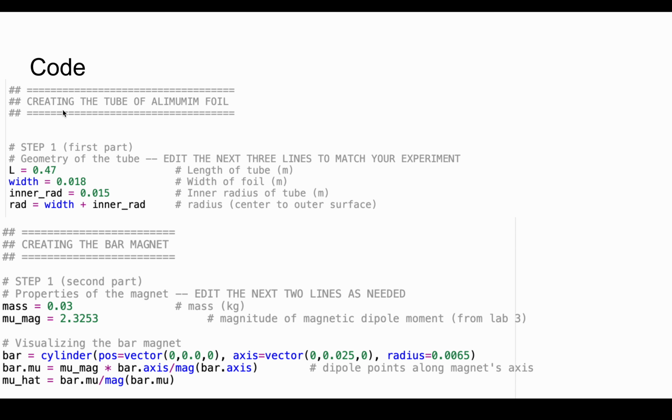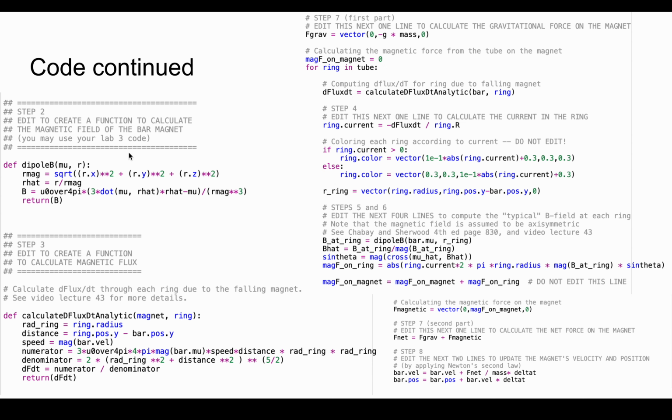This is just the first part. We just entered our experimental data and then created the bar magnet. We put in the mu, and then this is just all from lab 3 pretty much, just equations. And then this is the R magnitude. This is again all from lab 3.